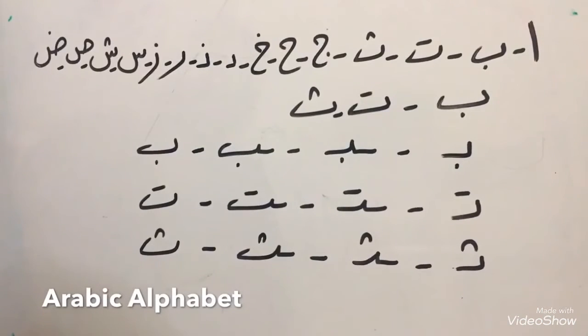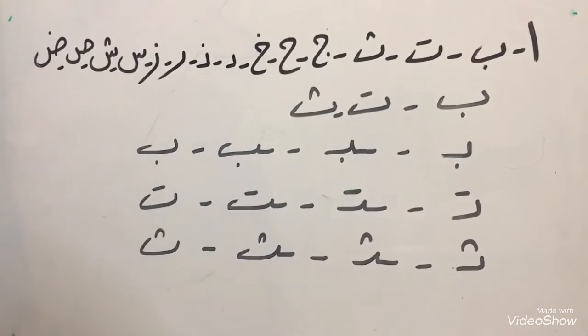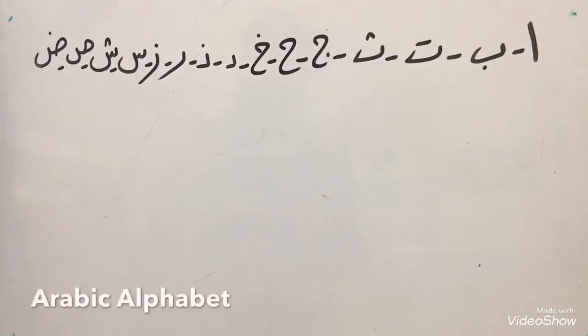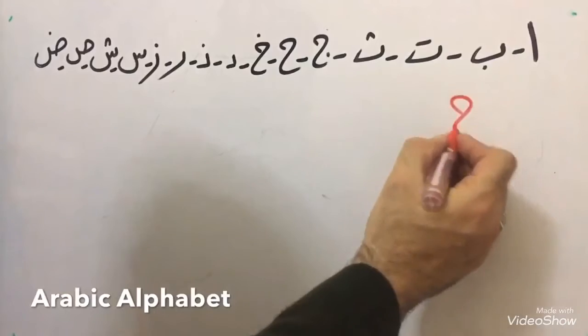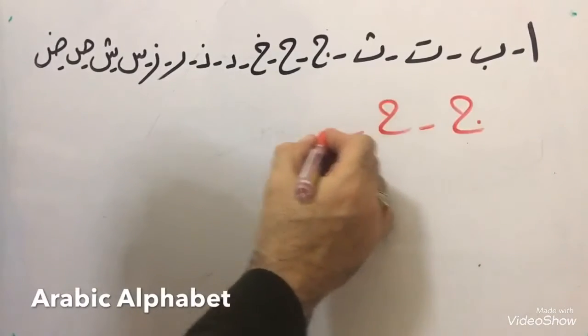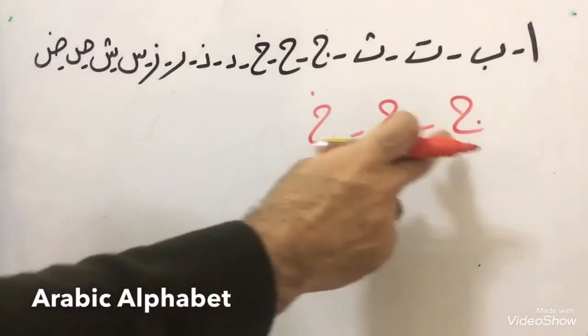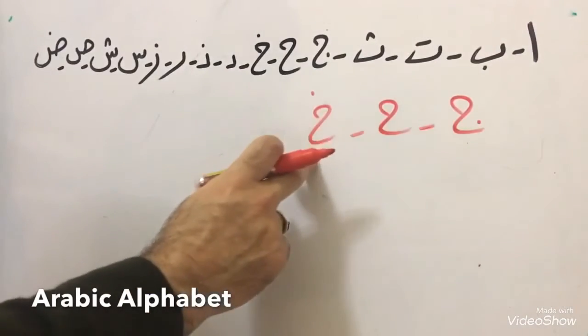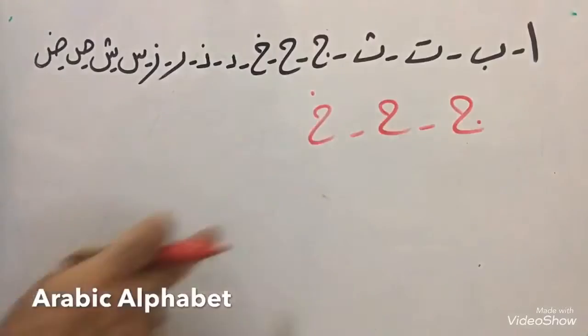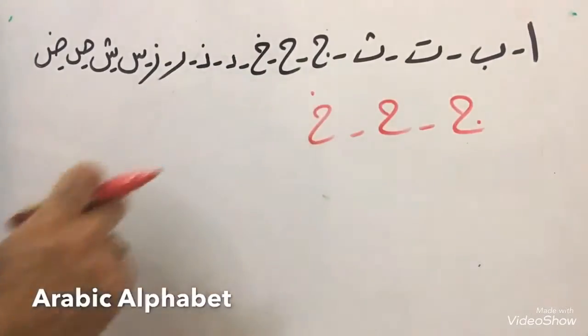The same is with Jim, Ha, and Kha. They are similar, but they differ in the dots. Jim and Kha have dots: Jim has one under, Kha one over.